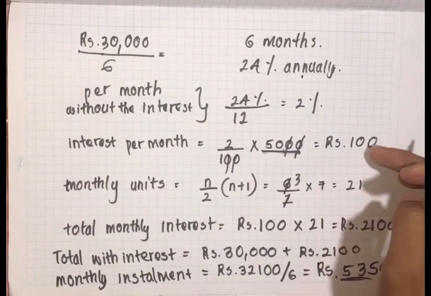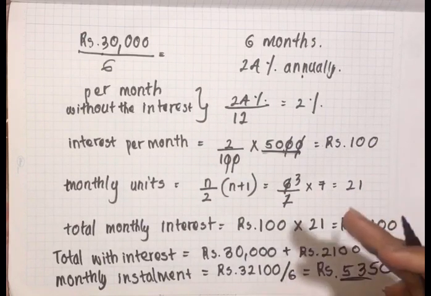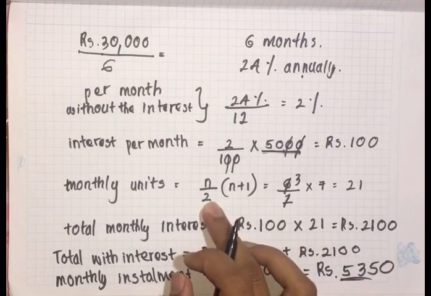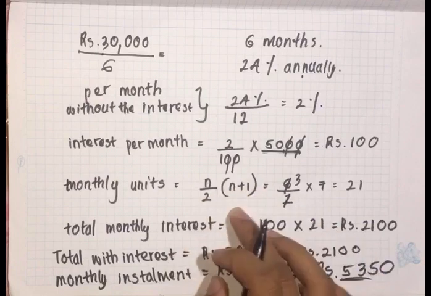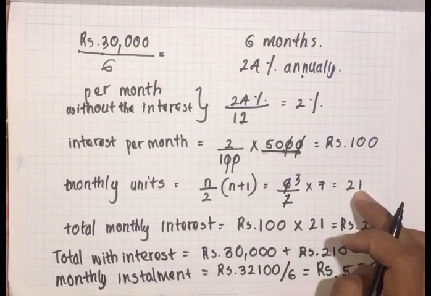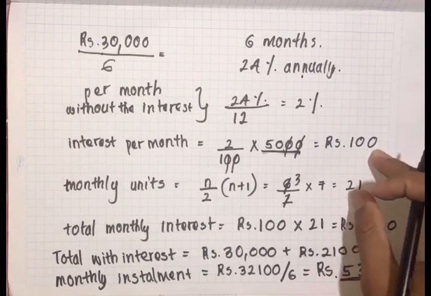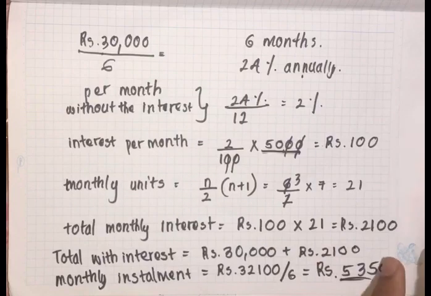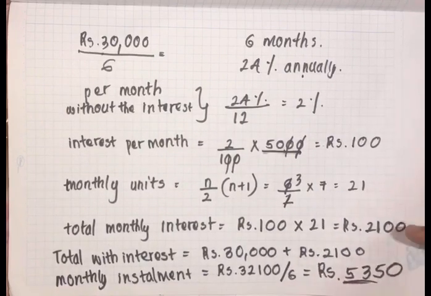After that, to find the total interest, you have to find the total monthly units. You should remember the equation, n divided by 2 into n plus 1. So you have 21. When you multiply the total number of monthly units by the interest for 1 month, that is going to give you the total interest. Then it is easy for you to find the monthly installments. Is that clear?